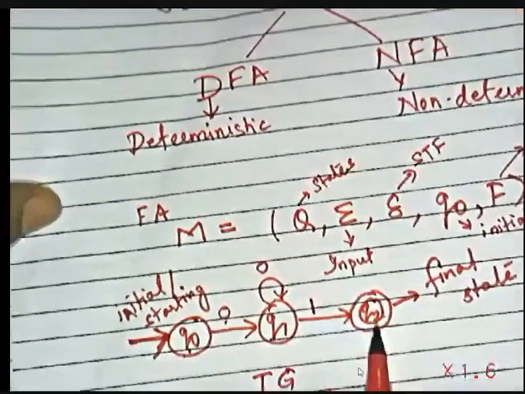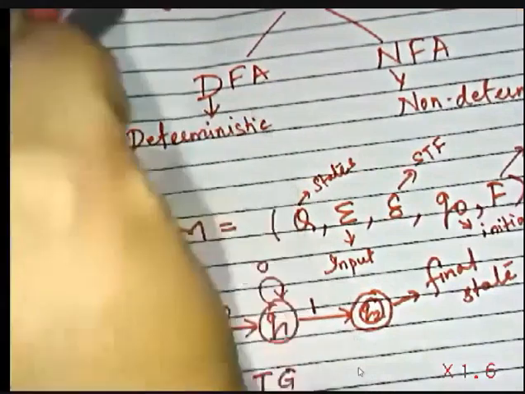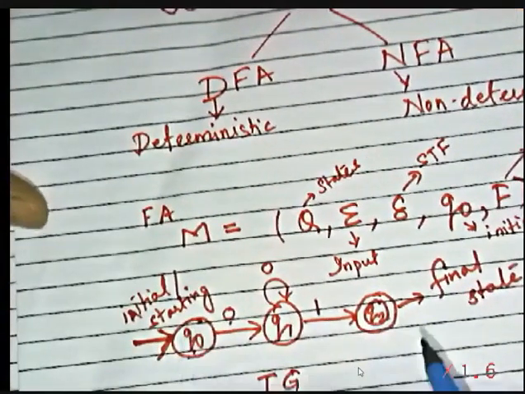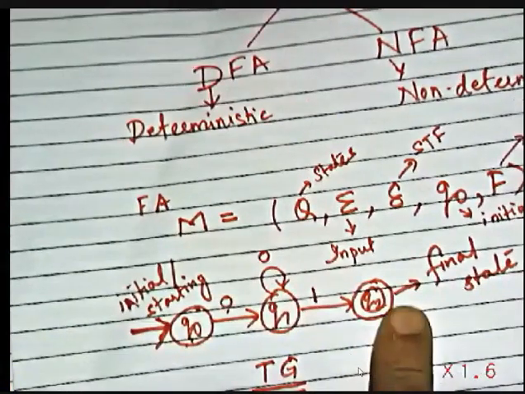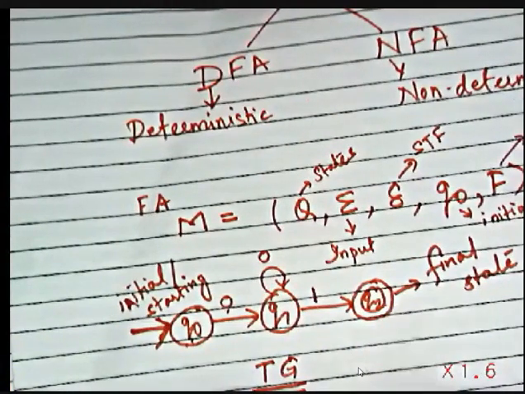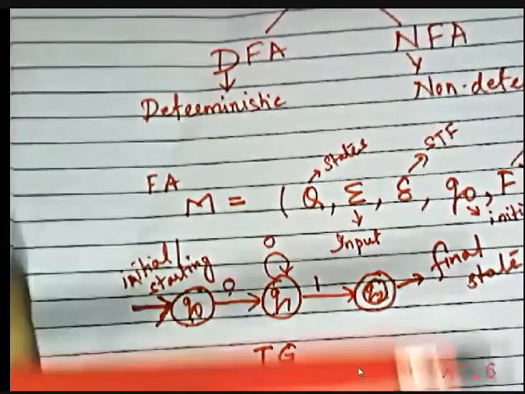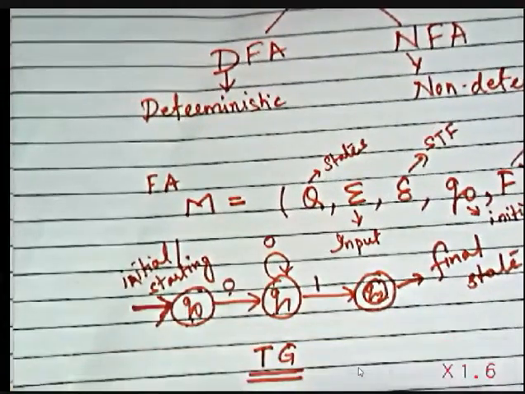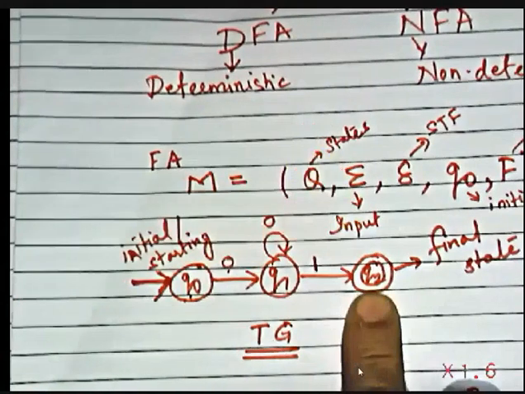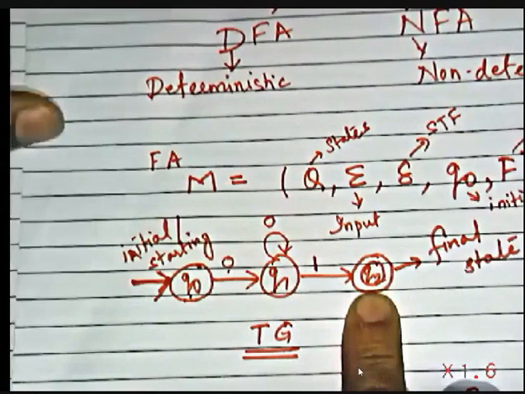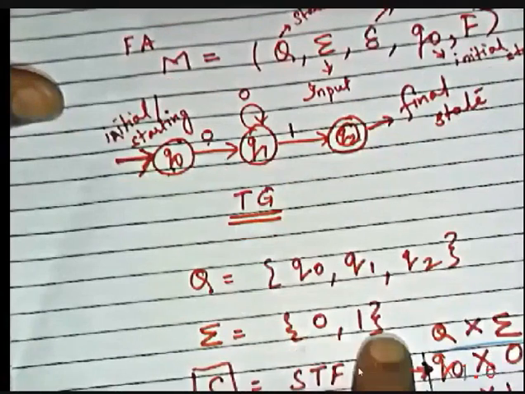Now see again this diagram, whether there is any indication in this finite automata that what will happen if you give input to this Q2 state as a 0. Yes, tell me. So there is no outgoing edge from Q2, either for the input symbol 0 or input symbol 1.